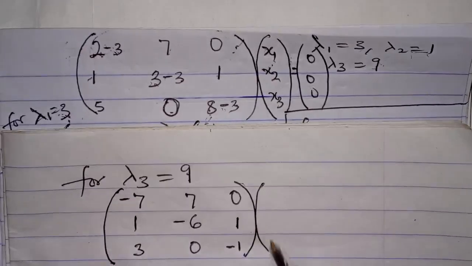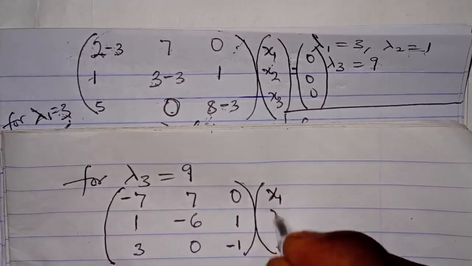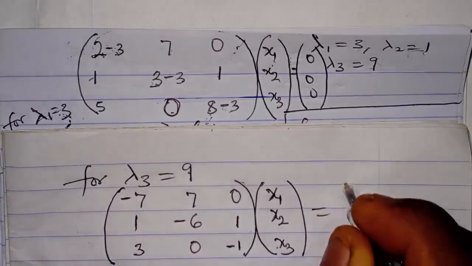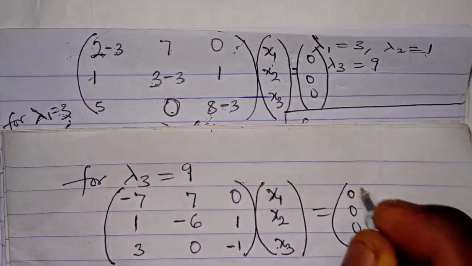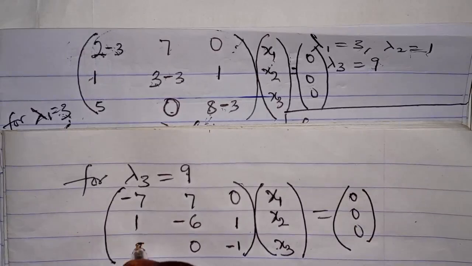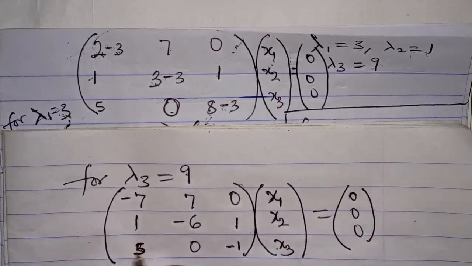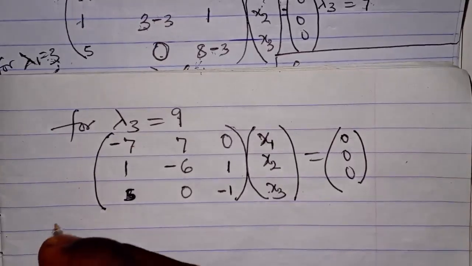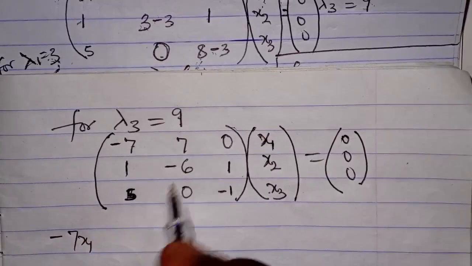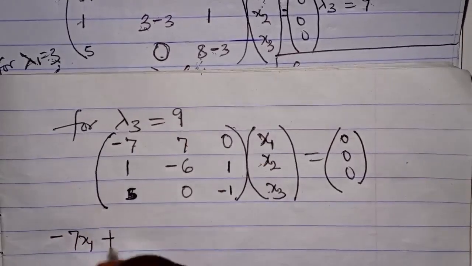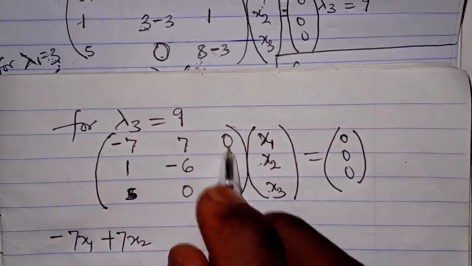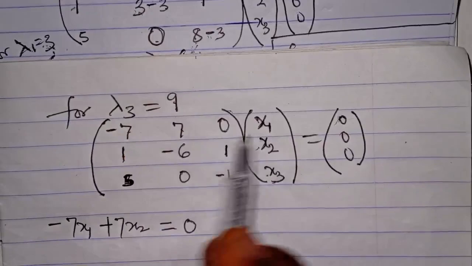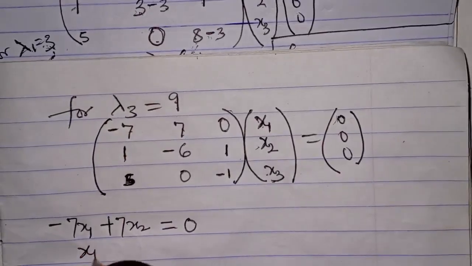This multiplies the corresponding eigenvector x1, x2, x3, and the product is equal to the 0 matrix. This is 5, not 3. Minus 7 times x1 is minus 7x1. 7 times x2 is plus 7x2. 0 times this is 0, that's equal to 0. 1 times x1 is x1.